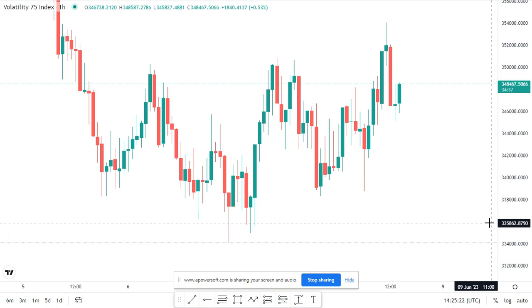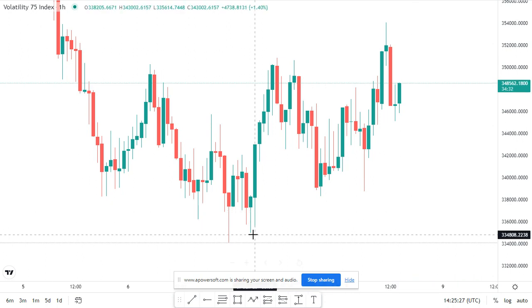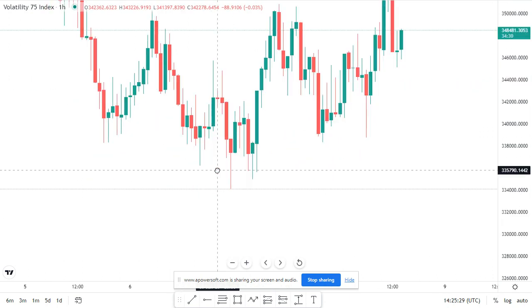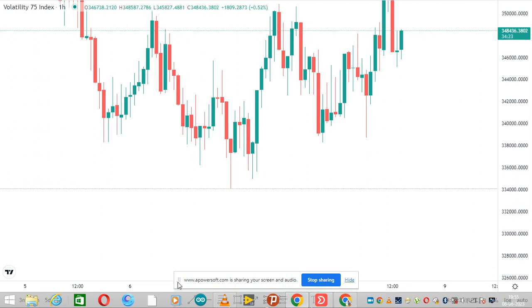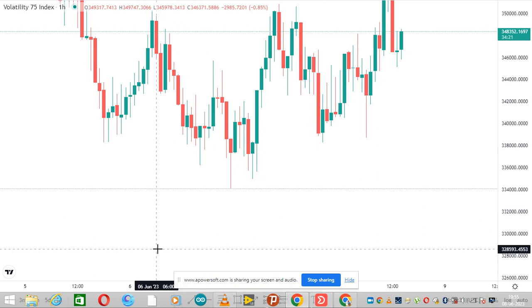Now, this is a fair value gap. Let's say you want to trade without looking at the market direction, like what's the trend.